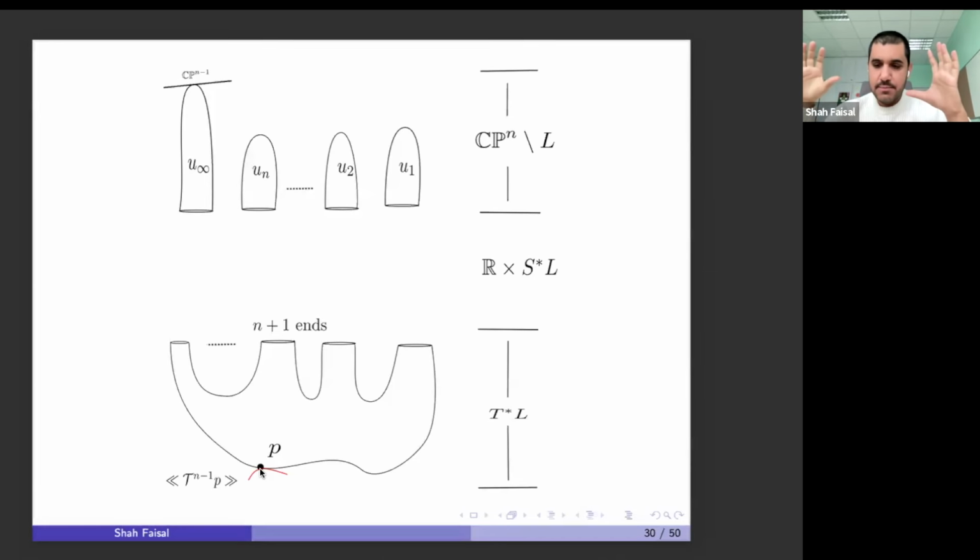So that means that a smooth sphere would inherit this tangency constraint, and no other component shares a node with this one along the constraint point P. Then you look at the smooth components that inherit the tangency constraint n minus 1, and you analyze its index. The positivity of the Fredholm index forces n plus 1 ends.